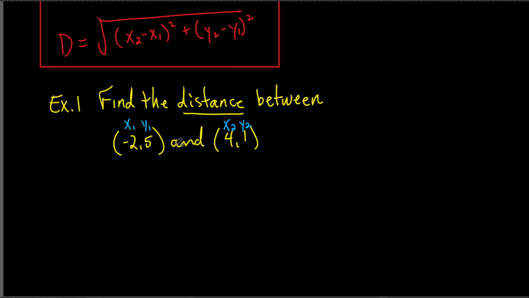So distance equals, put d equals, big old square root. And what I would do for every single one of these problems, I would write out the distance formula every single time. Why would I want you to do that? Why can't you just stick it at the top of your paper so you can remember it? You could just put it at the top of your paper, or you could just refer to your notes.